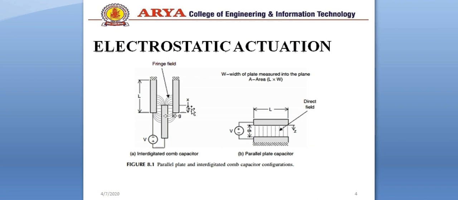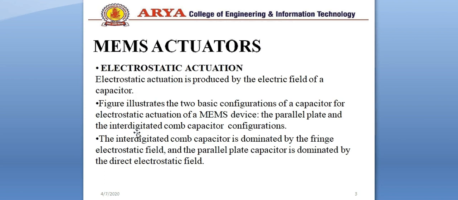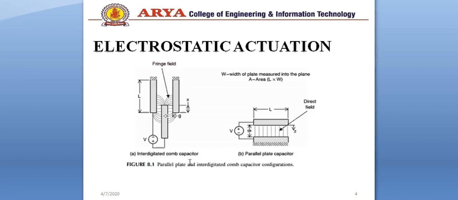So in terms of configuration, the parallel plate capacitor has a direct field between the plates, and the interdigitated comb capacitor has a fringed field as well as a direct field. So this is all about this statement.